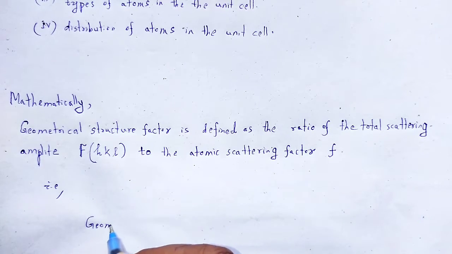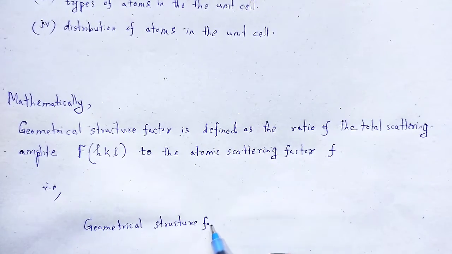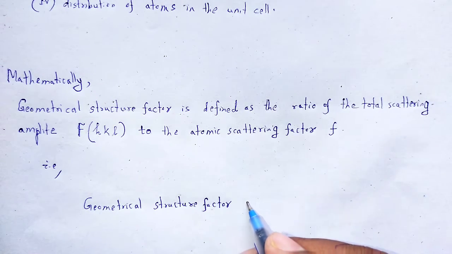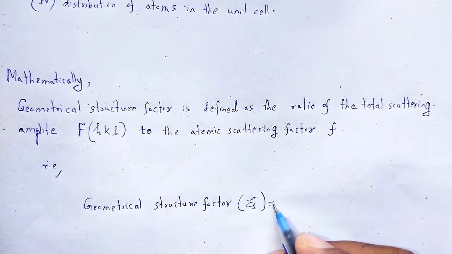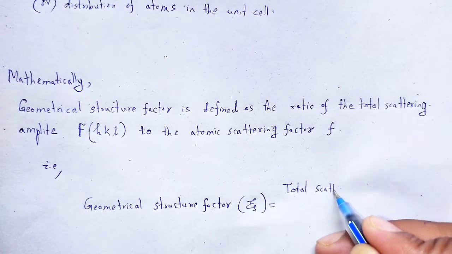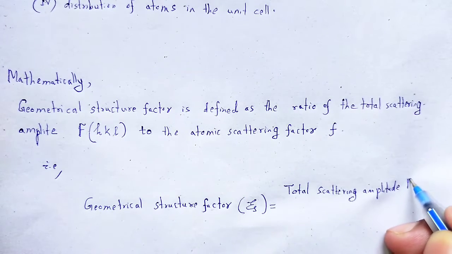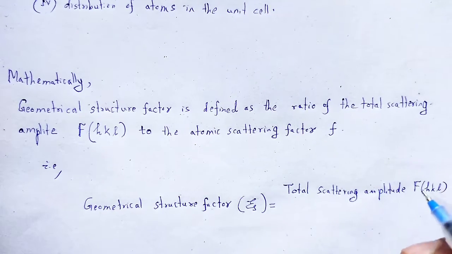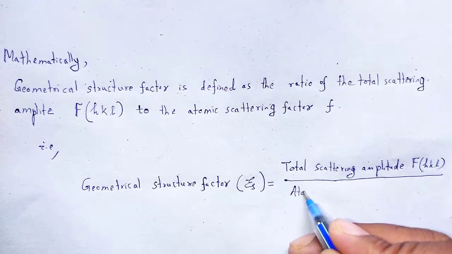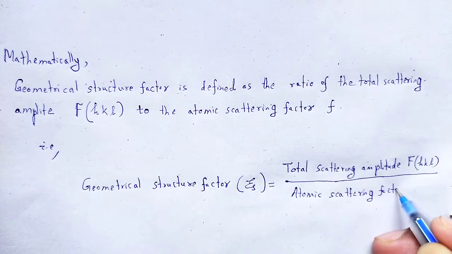Geometrical structure factor zeta is equal to the total scattering amplitude F(hkl) to the atomic scattering factor small f.